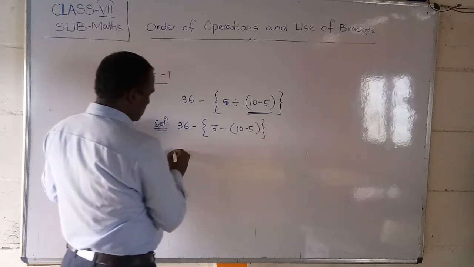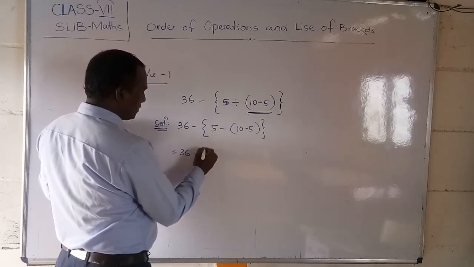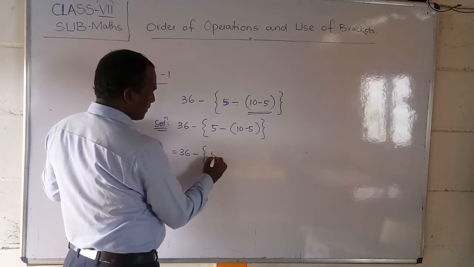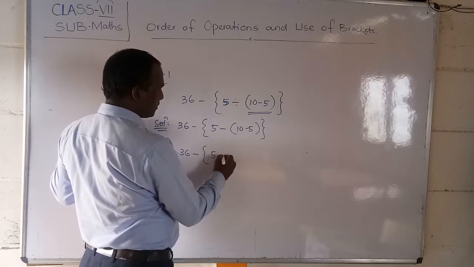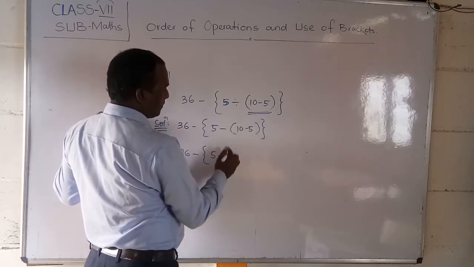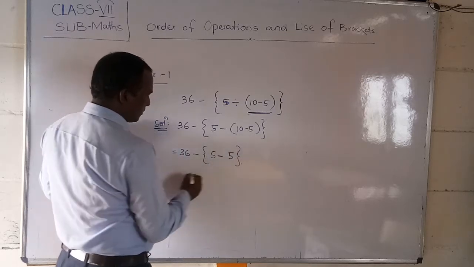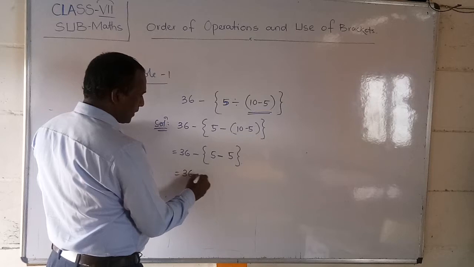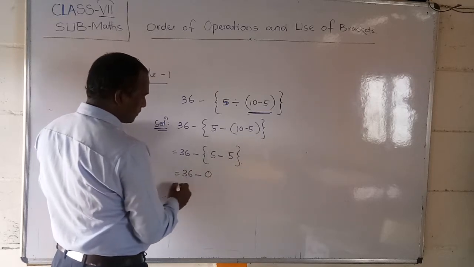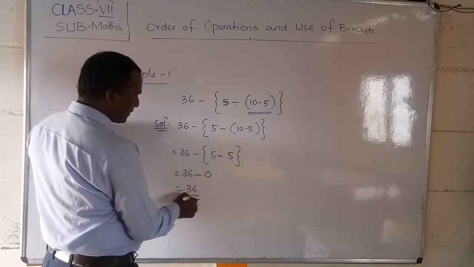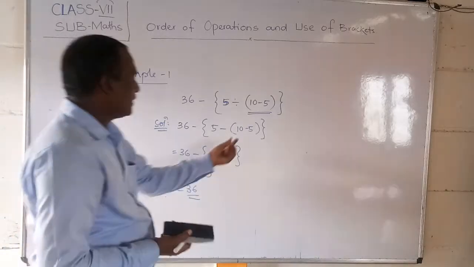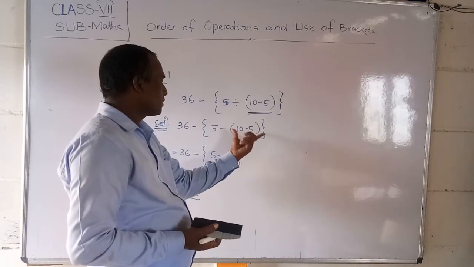Is equal to 36 minus 5 minus 10 minus 5. How much will come? 5. Is equal to 36 minus 0, is equal to 36. Observe friends, first I work on this one because you have to go inside the bracket.